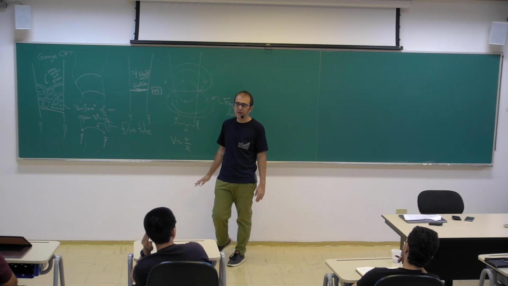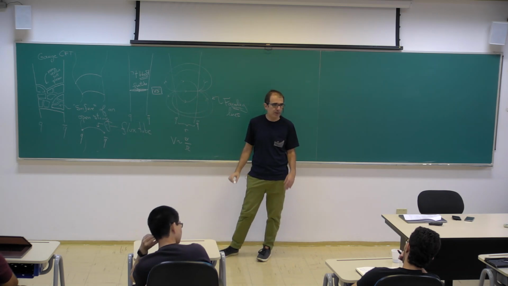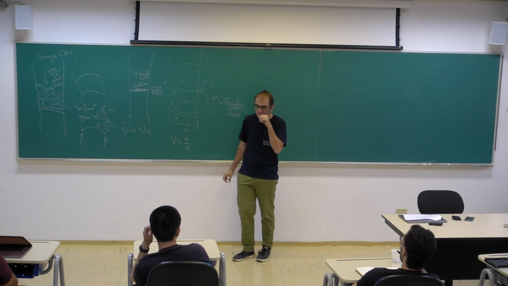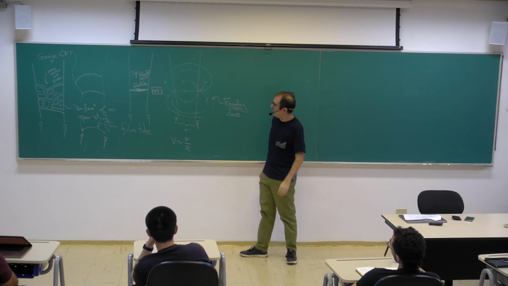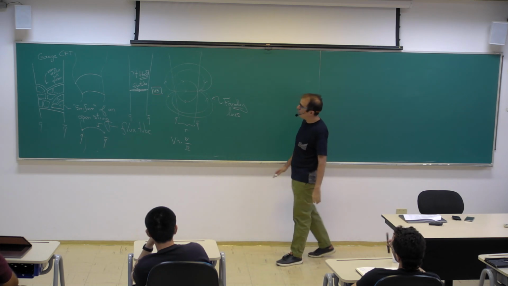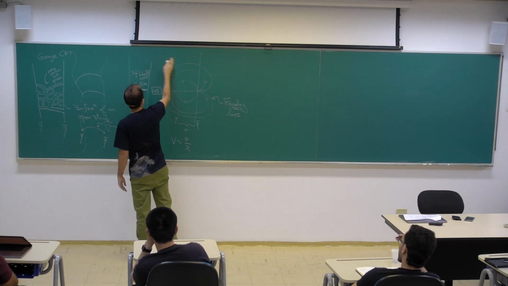So let's suppose we are in 4 dimensions, 5 dimensions, 6 dimensions. We have this puzzle. Okay? So it's a small puzzle. Of course, some of you know the answer to this puzzle. Don't spoil it. But it's an interesting puzzle.